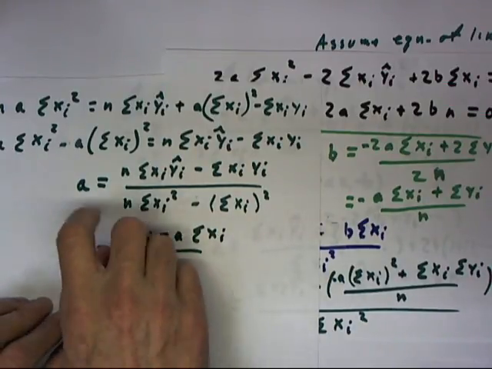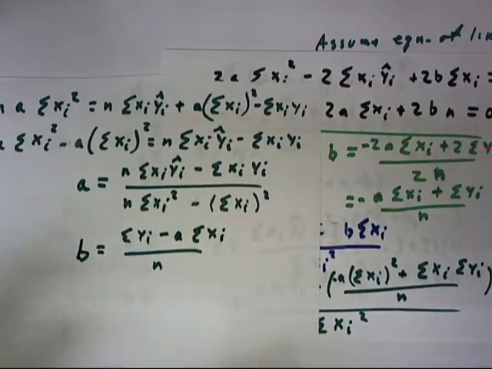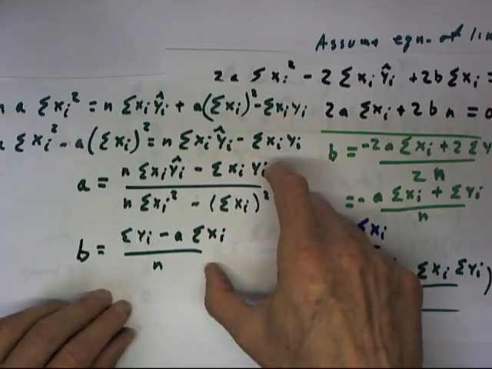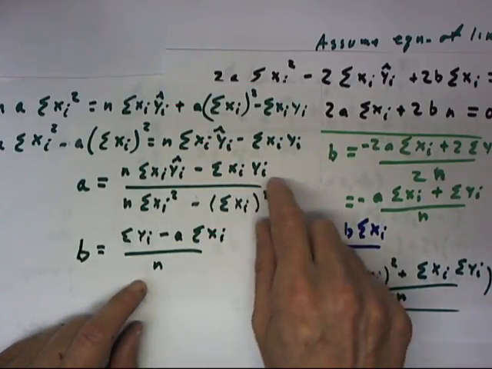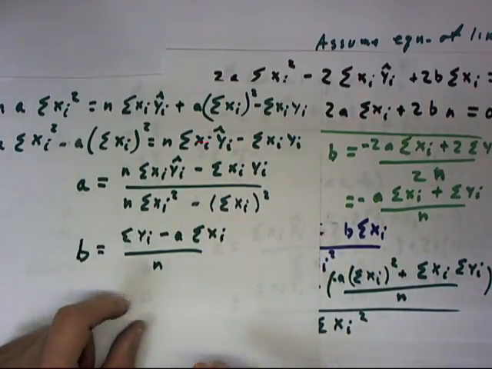So we can get our slope and our intercept of our best fit straight line. Remember, our premise was y equals ax plus b, and all we've done here is to minimize the sum of the squares of our differences between our observed y values and our predicted y values.